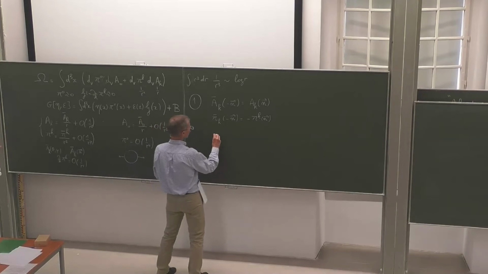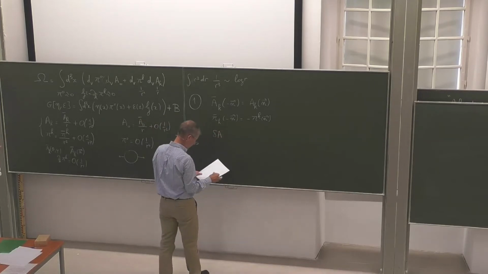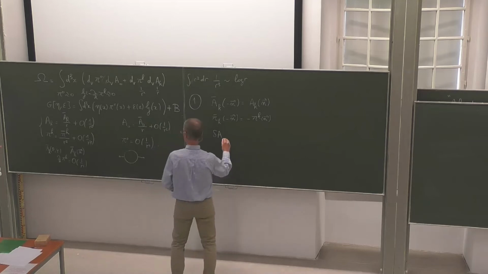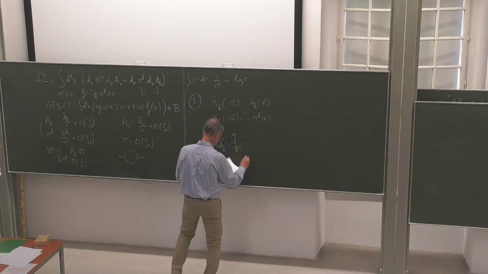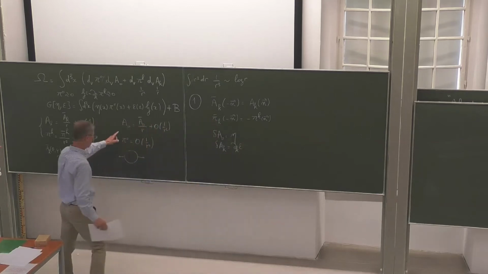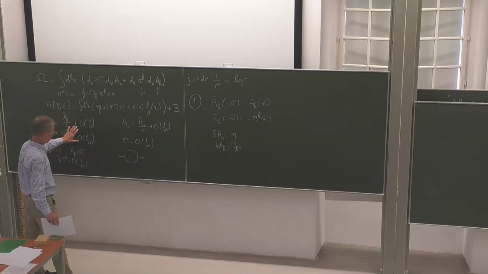Now I have to look at the gauge transformations. So the gauge transformations, I know how they read. It goes like this. And so I have to look at the gauge transformations that preserve the boundary conditions.